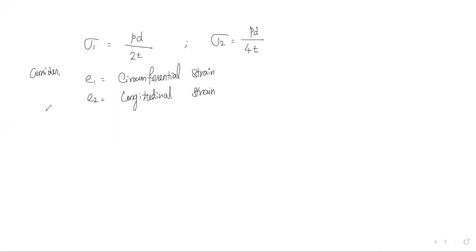So the circumferential strain, with the help of the formula, is E1 is equal to sigma 1 divided by Young's modulus E minus Poisson's ratio multiplied by sigma 2 divided by Young's modulus E. Now we are going to substitute the values of sigma 1 and sigma 2 in this equation.